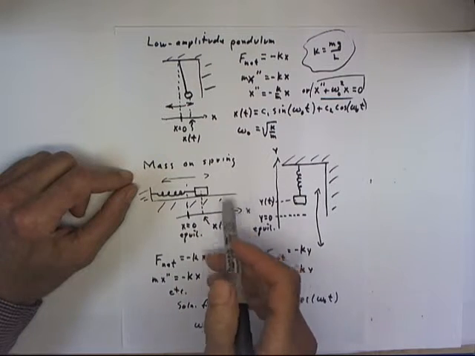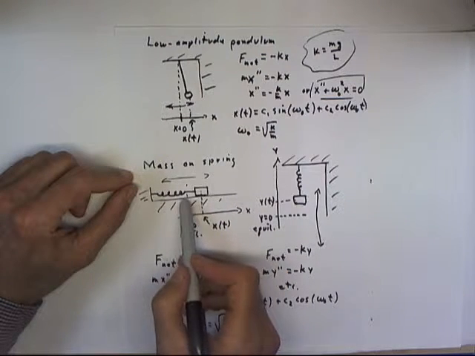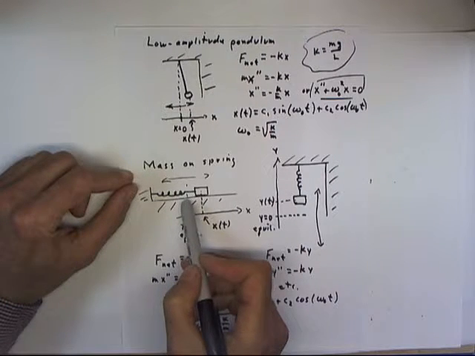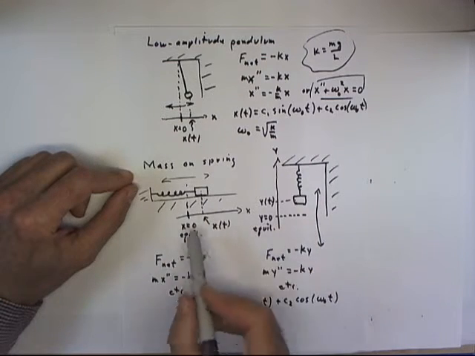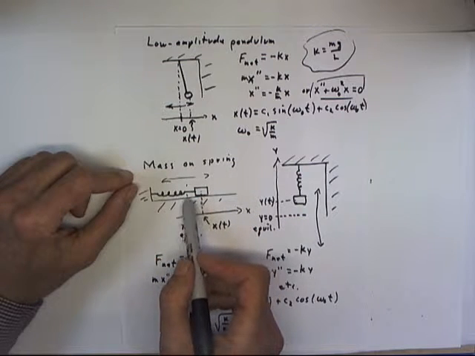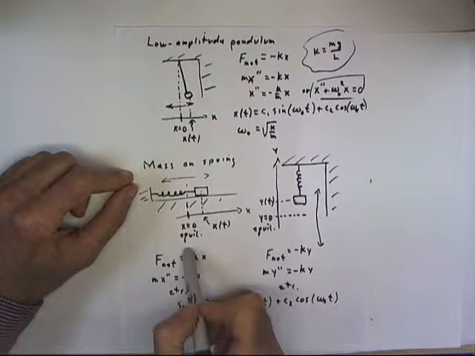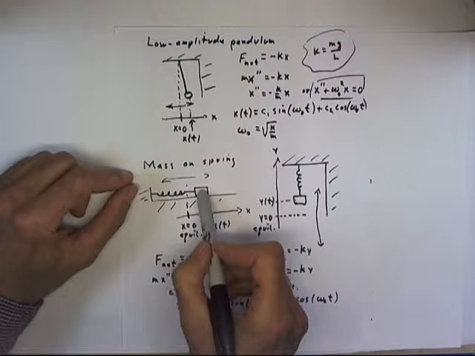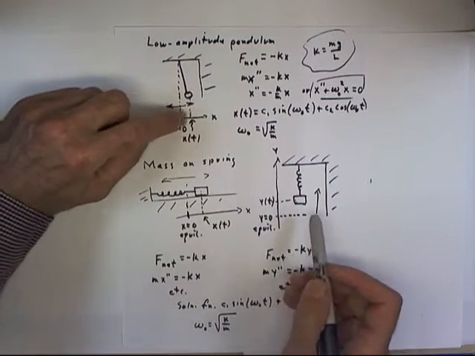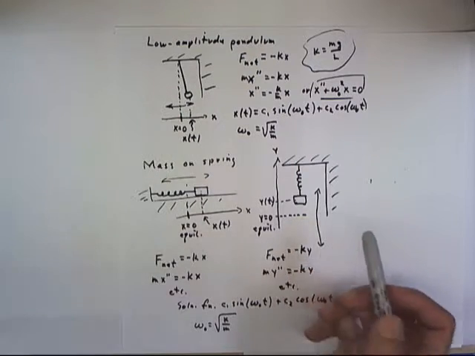That's the position at which, if we release the system, the mass will experience a zero net force. No force pulling it this way or this way. So if we were to actually release the system and somehow damp the motion, it would come to rest at this point, x of t being the position, completely analogous to the way we've set up the pendulum.